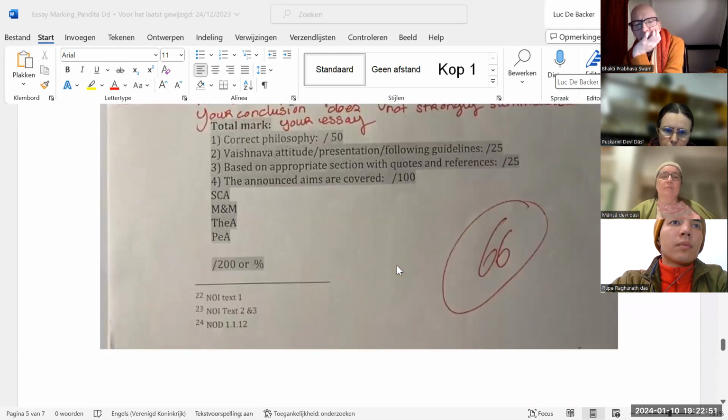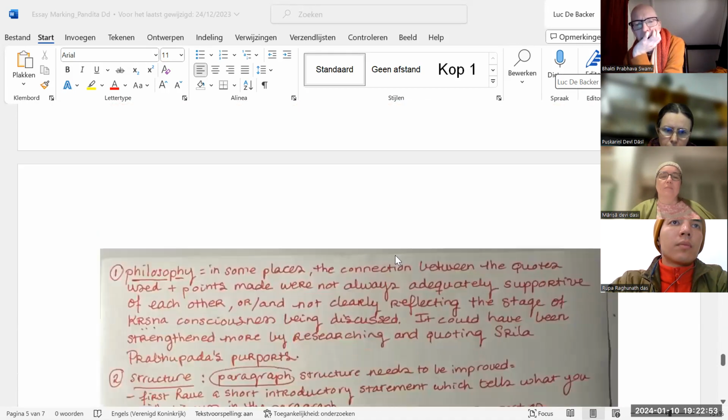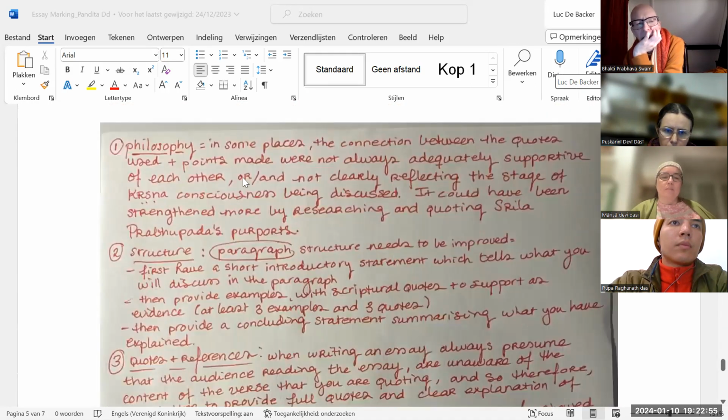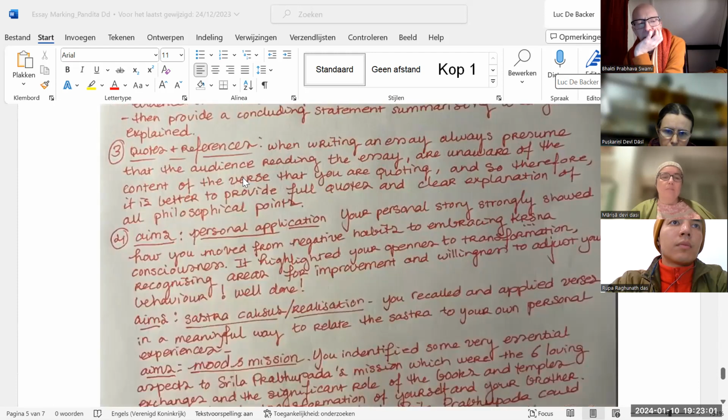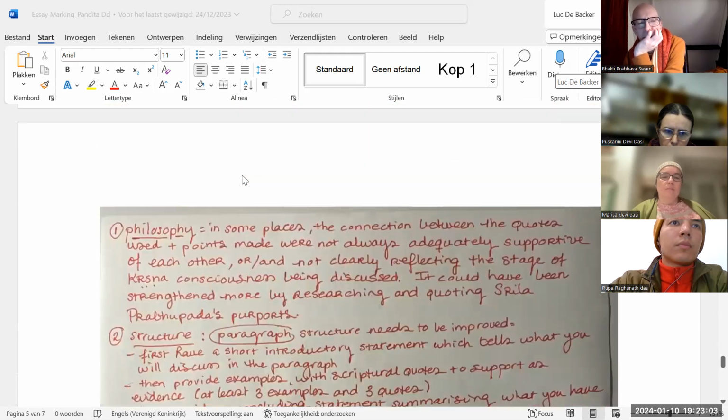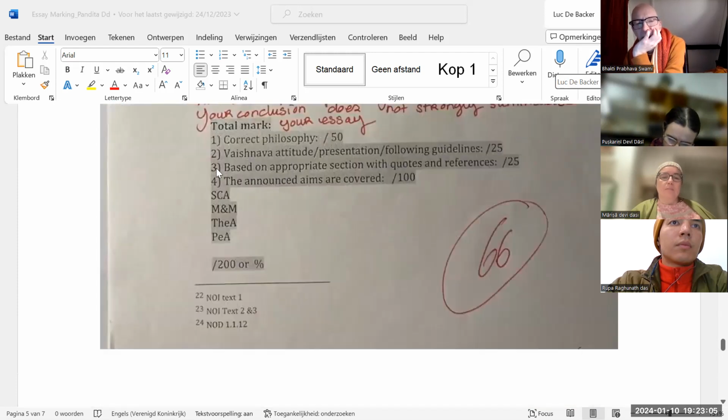Then here she gives comments on the philosophy, structure, quotes, references, and the different aims. She gives comments. And this marking she sent to me in a separate file. I'll show you that file also.